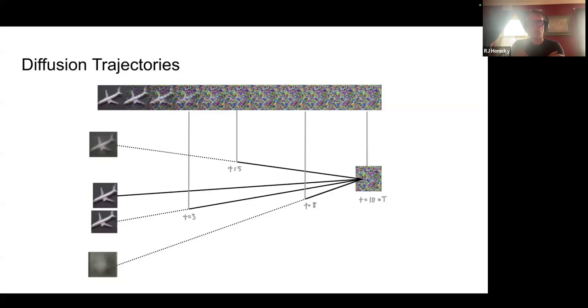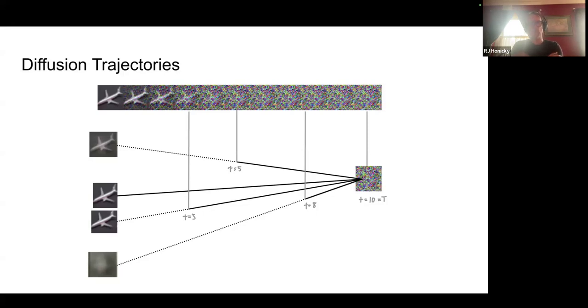So now what's happening, and this is sort of a bad illustration of the same concept in a different way. If you look on the t equals 10 right-hand column, that's just random noise that was generated as input into the model, right? And then on the right-hand column, you have denoised versions of that noise.